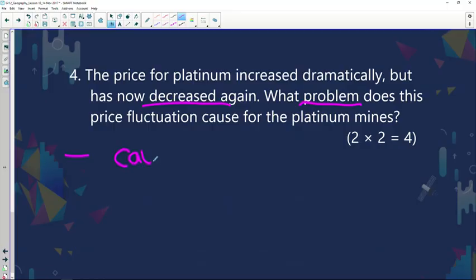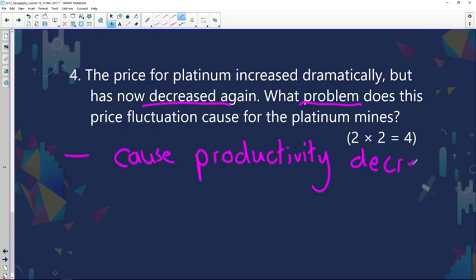But what does it create? It will cause productivity to decrease. And when productivity decreases, it means that we will experience job losses or job cuts.